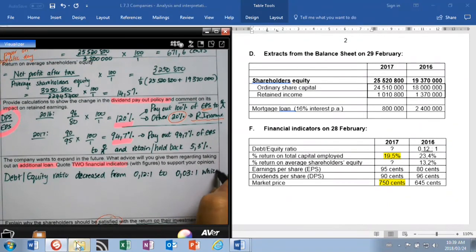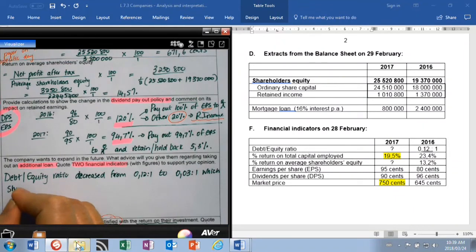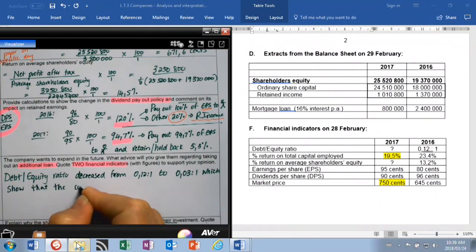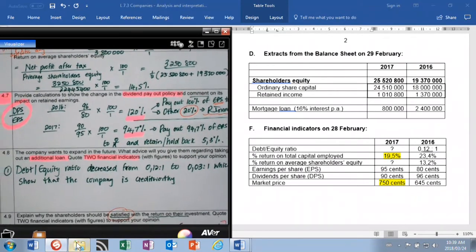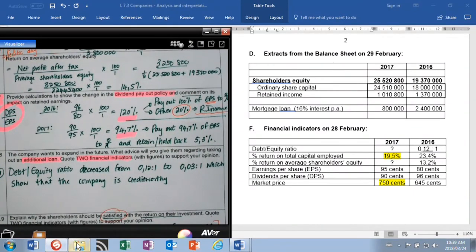which shows that the company is credit worthy. Okay, remember the norm. We don't mention the norm nowadays, but please keep the norm at the back of your head. The norm for a debt equity ratio, where's my calculations for the debt equity ratio?